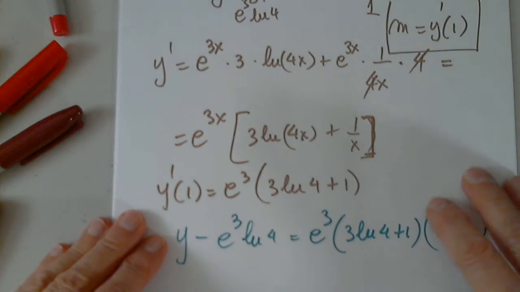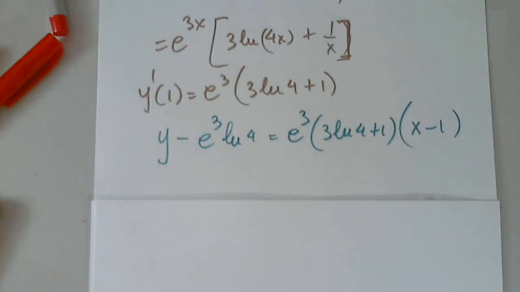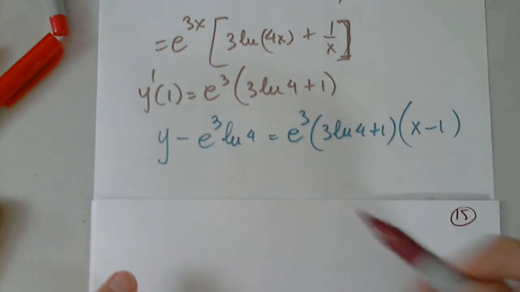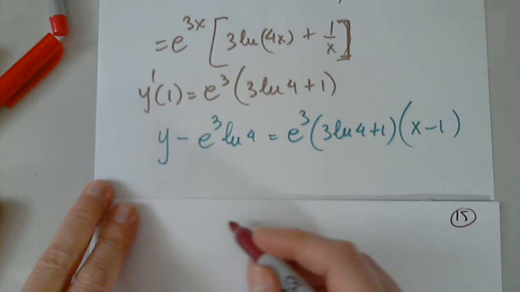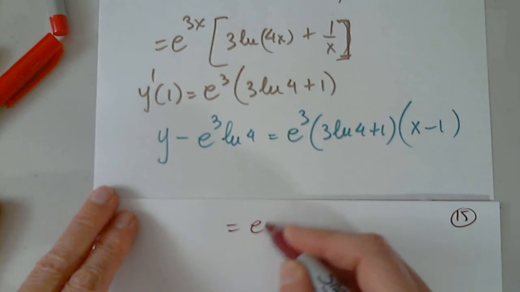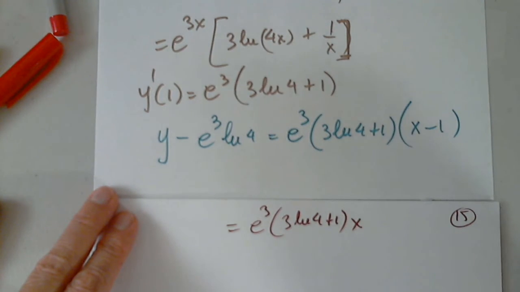Before, I don't want to put approximations until the very end. So let me try and simplify if I can a little bit. So I distribute to x, and there is nothing I can do to that. 3 natural log 4 plus 1, x.